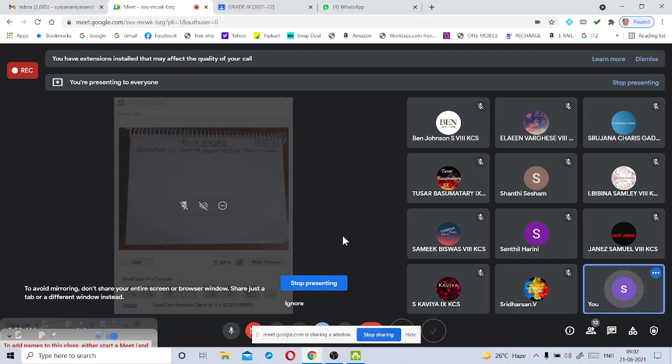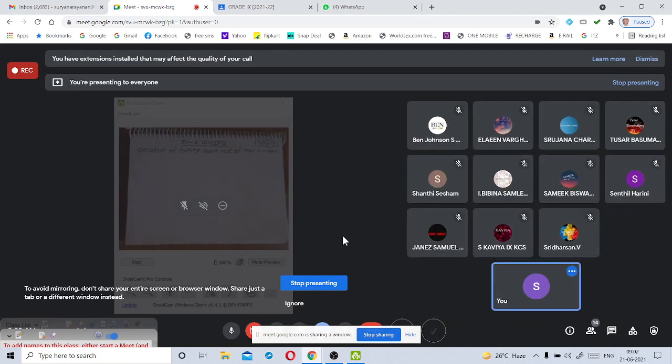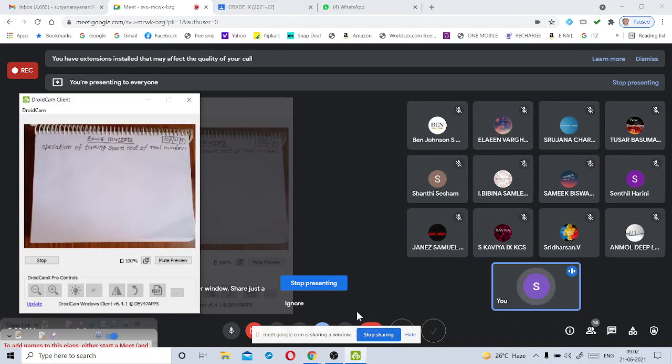Now, square root. If a is a natural number, first let us recall the previous knowledge.